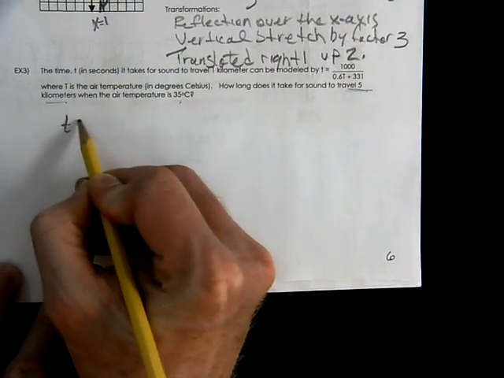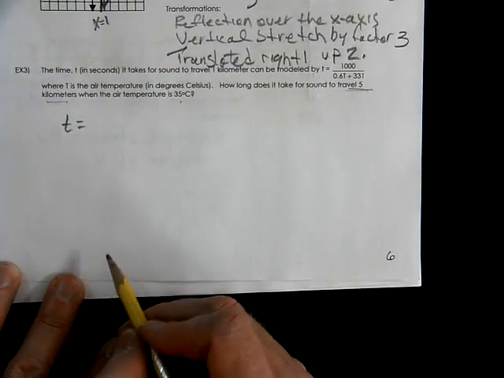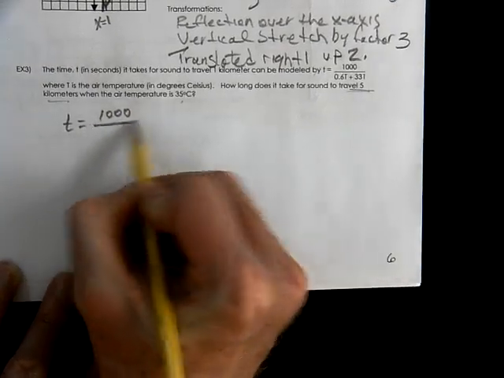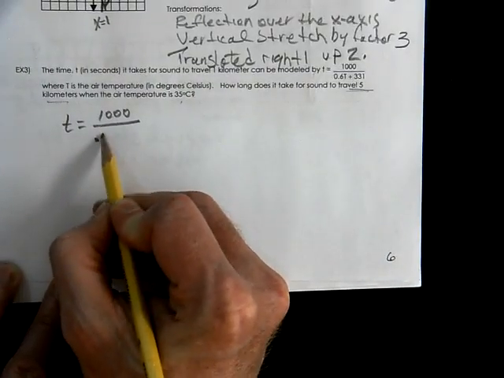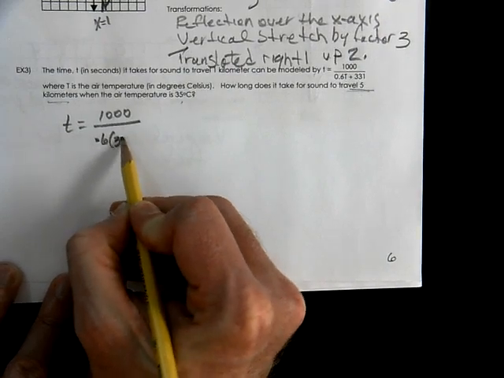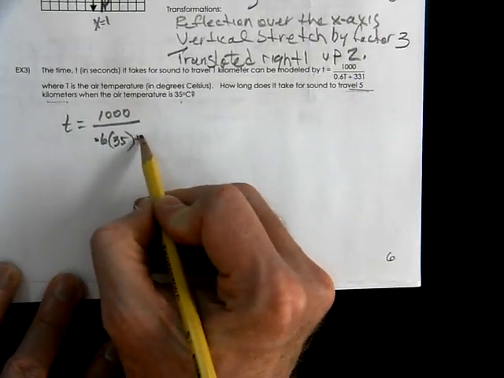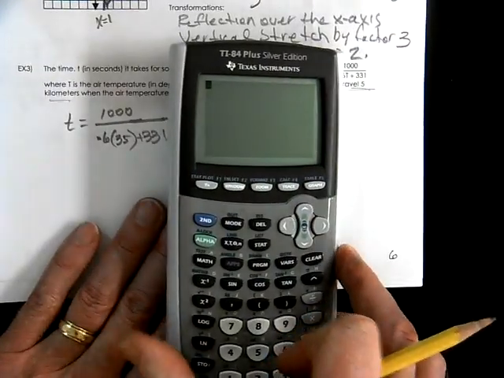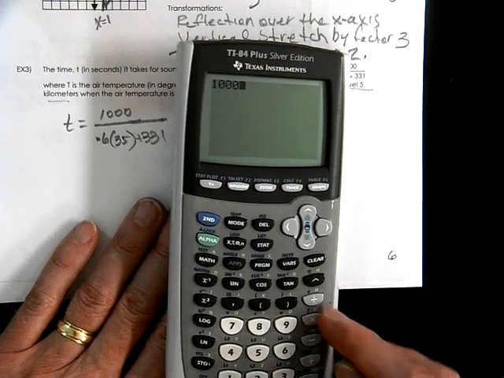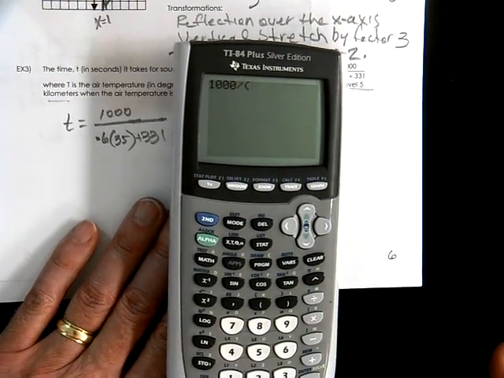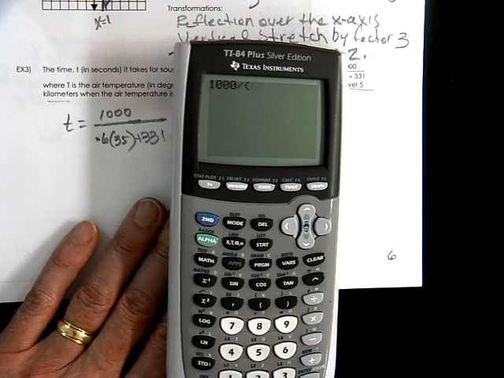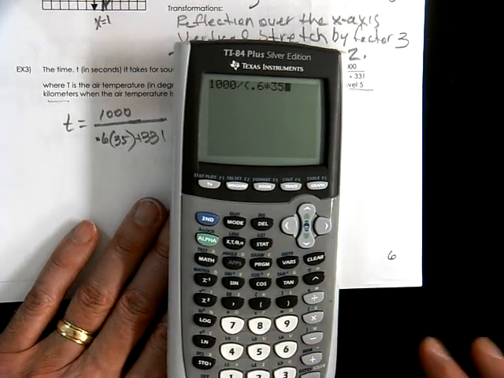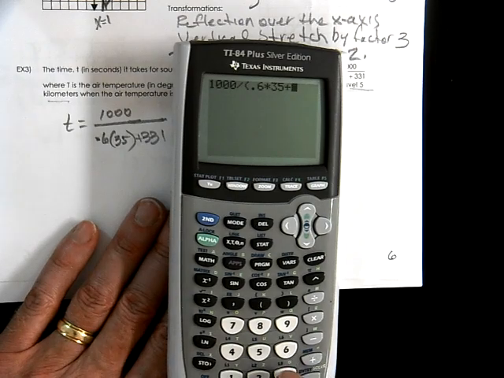So we're going to get time for 1 second is 1,000 divided by 0.6 times your temperature plus 331. This is going to give us how far it travels in 1 kilometer. 1,000 divided by, use parentheses, that's a requirement here, 0.6 times 35 plus 331.